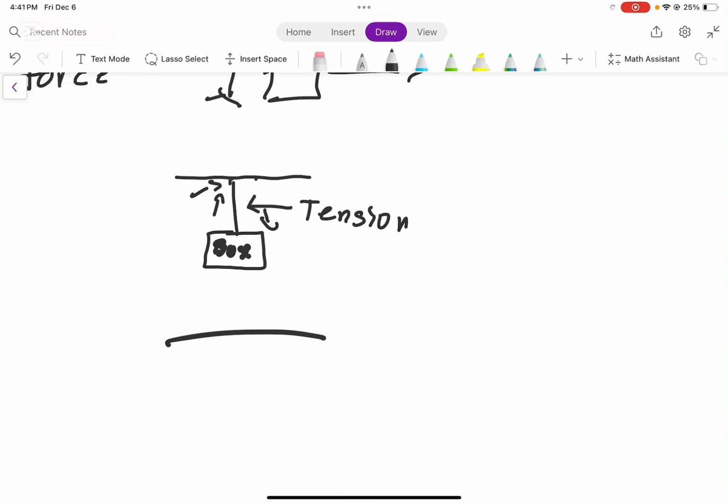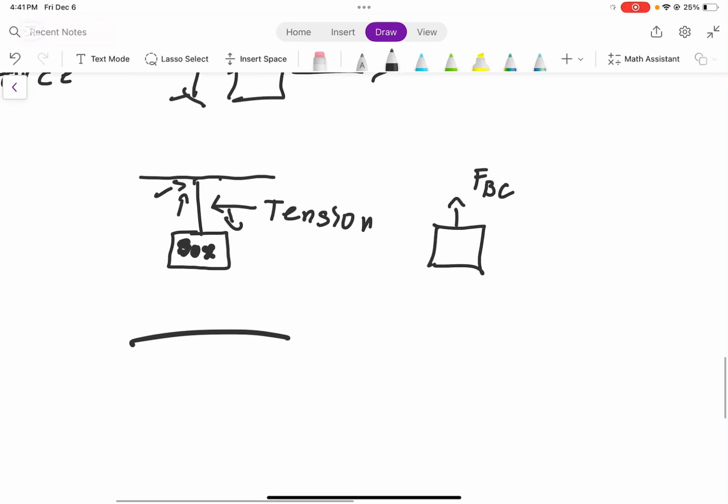If we draw it here, we know that the box has a force: the force of the box on the ceiling. So we can write force of B on C. We put B for box and C for ceiling. It really doesn't matter how you word it, that's just to keep it simple. You want to make sure you put variables because it helps you organize your work.